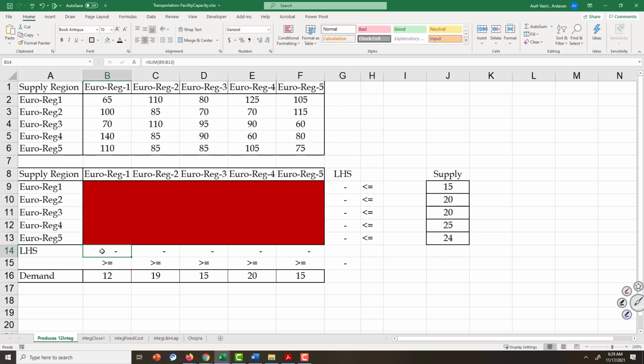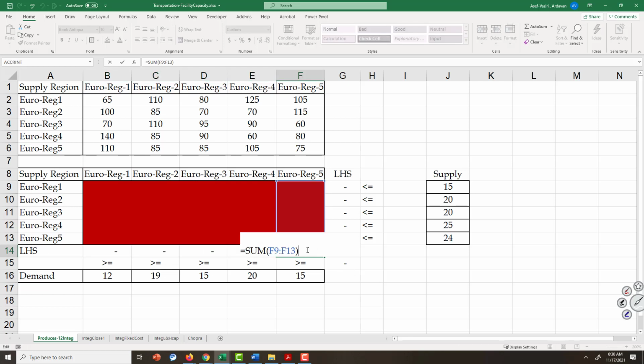And this is the total volume delivered from all origins to destination 1, and I copy to the right. And it is the total volume of product delivered from all origins to destination 5.